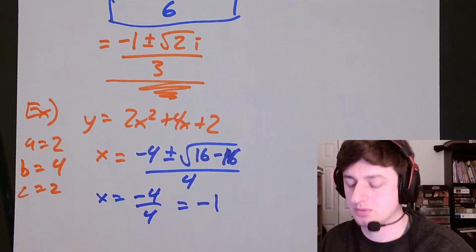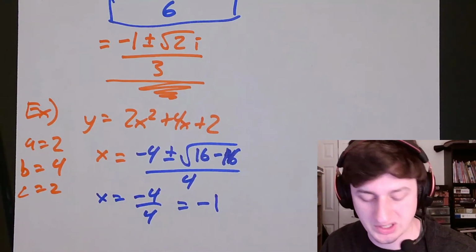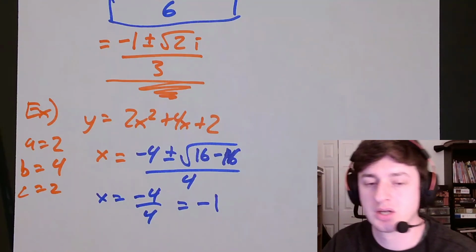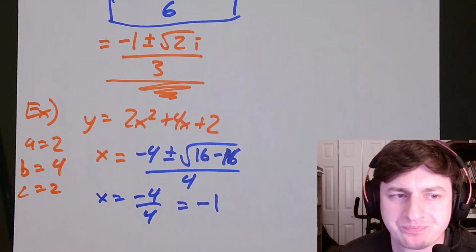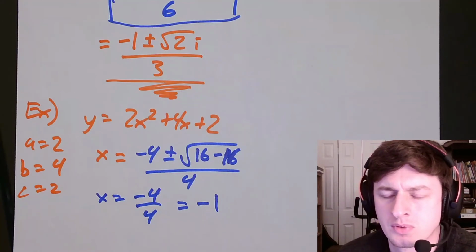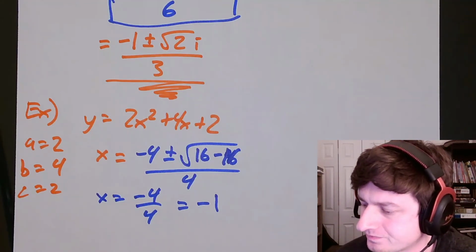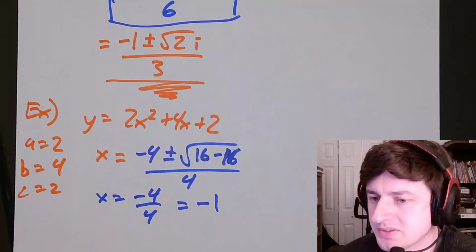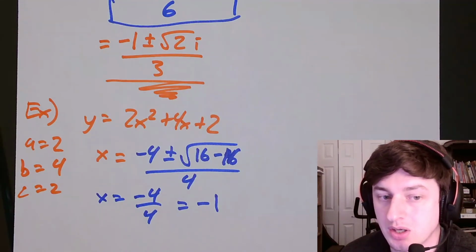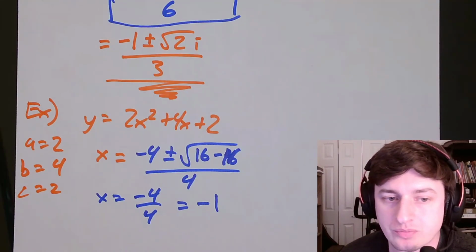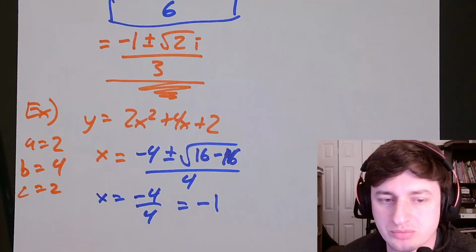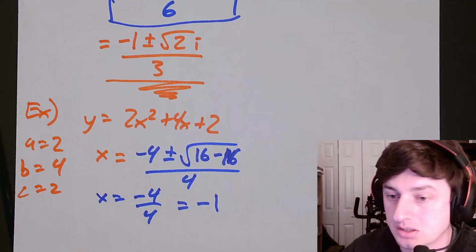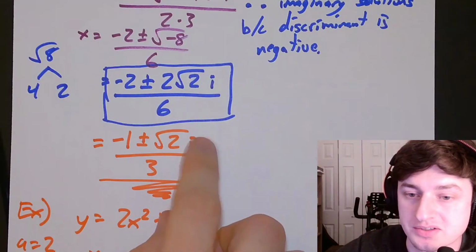And so our vertex is our root at negative 1 comma 0. Okay. I think that's it as far as the quadratic formula goes. We're going to do more practice problems, but a lot of your answers are going to look like this. That's okay.